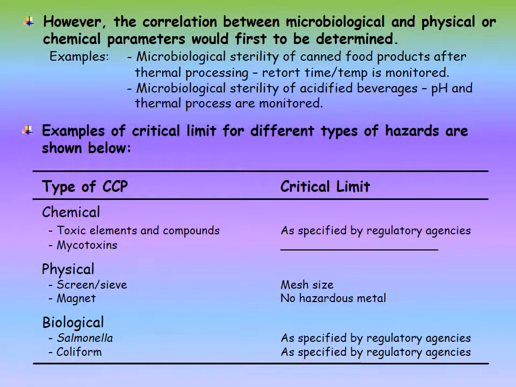So the critical limit for mycotoxin, for aflatoxin, is 10 parts per billion. So you can check the critical limit from the food regulation. You can check the critical limit from Codex Alimentarius as a food reference.